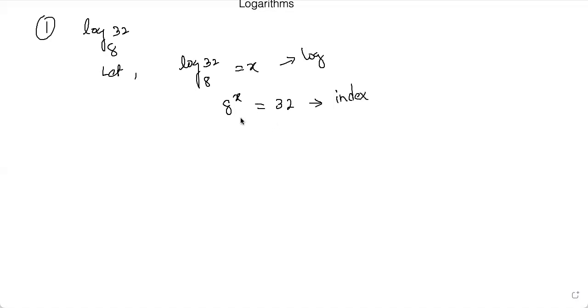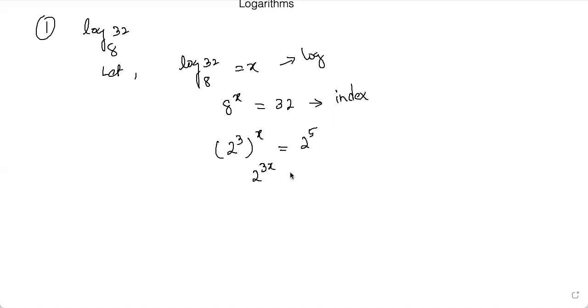Okay, now this would be 2 cube, right, to the power of x, and on the right hand side this is 2 power 5. Okay, so this I can write as 2 to the power of 3x. Fine.